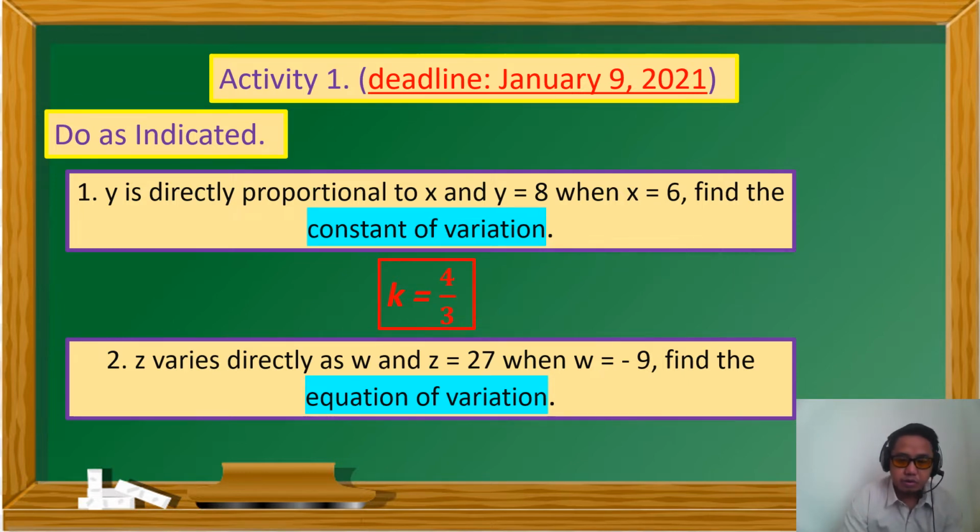So k is negative 3 because 27 divided by negative 9 is negative 3. So our equation or formula for this will be z is equal to negative 3w.